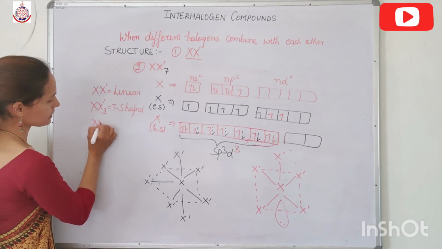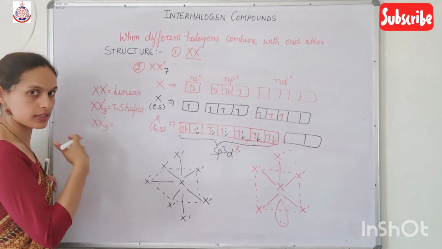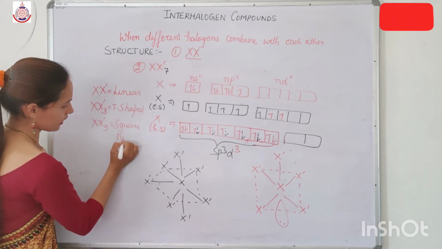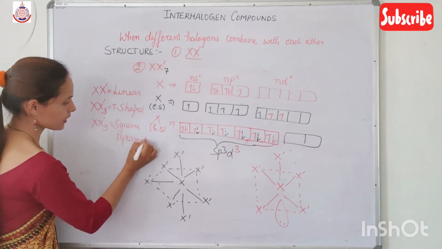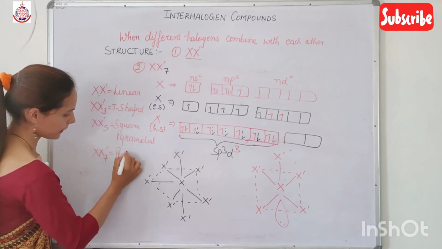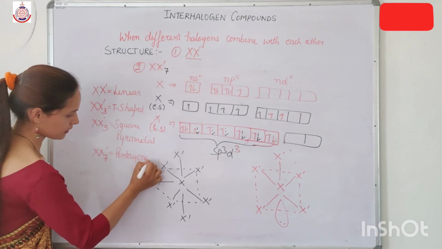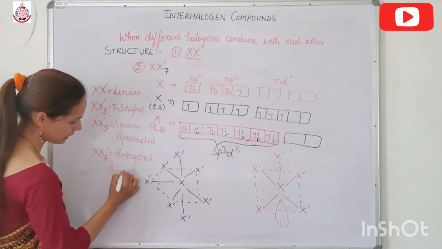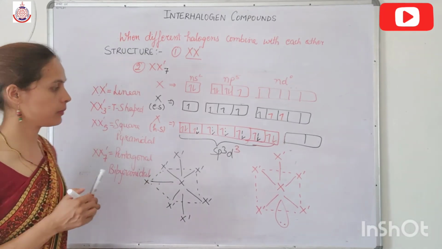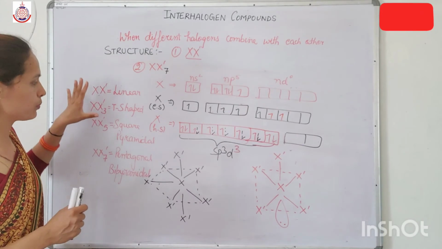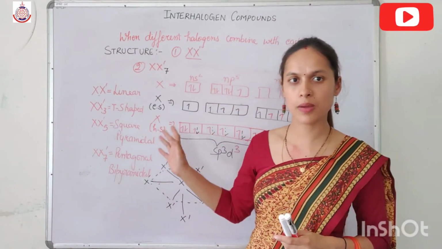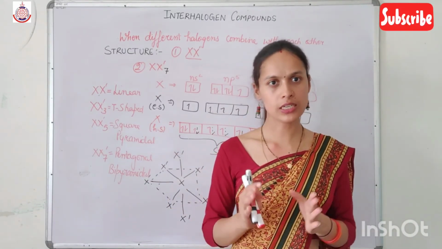If we have XX dash 5, the structure is square pyramidal. And if we have XX dash 7, then the shape is pentagonal bipyramidal. With the help of the hybridization concept, we can easily prove that these interhalogens have these structures. So this is about the structure of the interhalogen compounds.